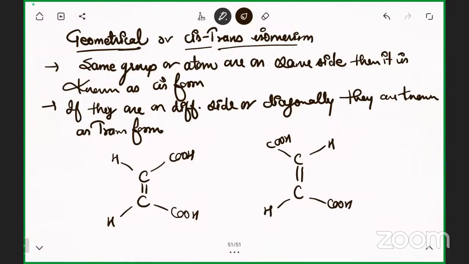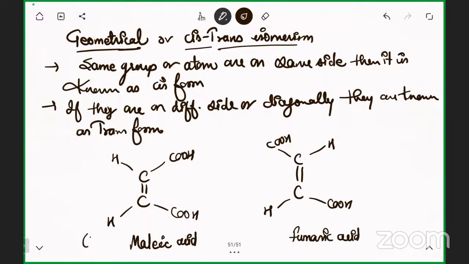Now, if on either side of the double bond the same groups are on the same side, near to each other, just close with each other, that condition is known as cis form, while if they are present diagonally, they are known as trans form. This is the example of maleic acid, and this is called fumaric acid.